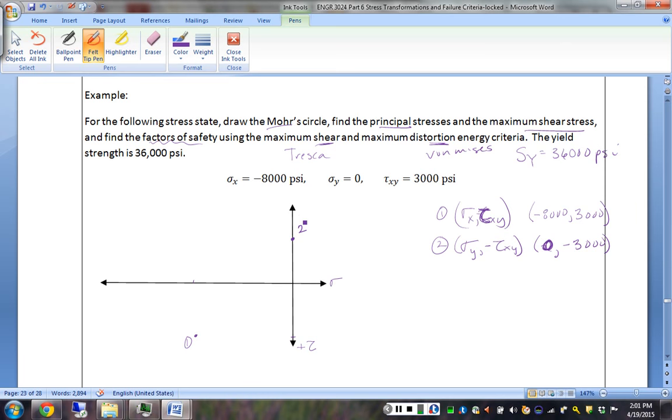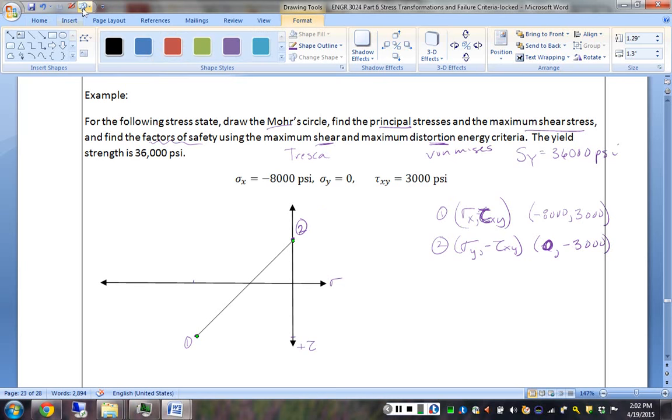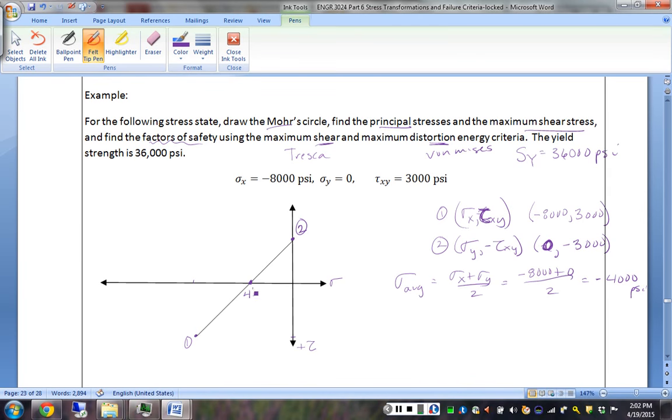The next thing that we do is connect our 2 points with a line. We know that the location of that intersection with the sigma axis is our average stress value, sigma x plus sigma y divided by 2. So minus 8,000 plus 0 over 2 ends up being minus 4,000, is the location of the average stress.